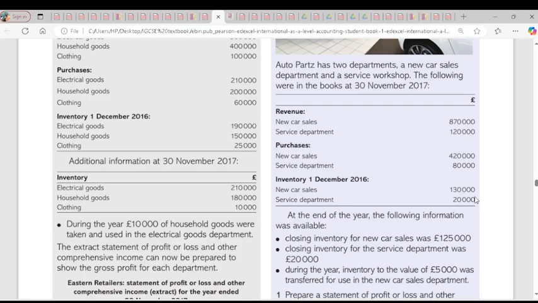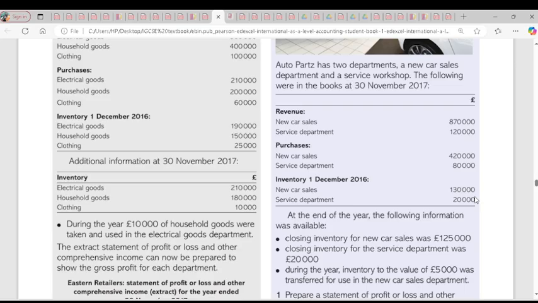On the other side, the service department, you have the opening inventory, your purchases, the closing inventory, which you deduct, and the transfer, which you deduct. So here we have opening inventory, add purchases, a transfer of 5,000 going from general service department to new car sales department. You add it, then you deduct closing inventory. So that gives us 430,000.